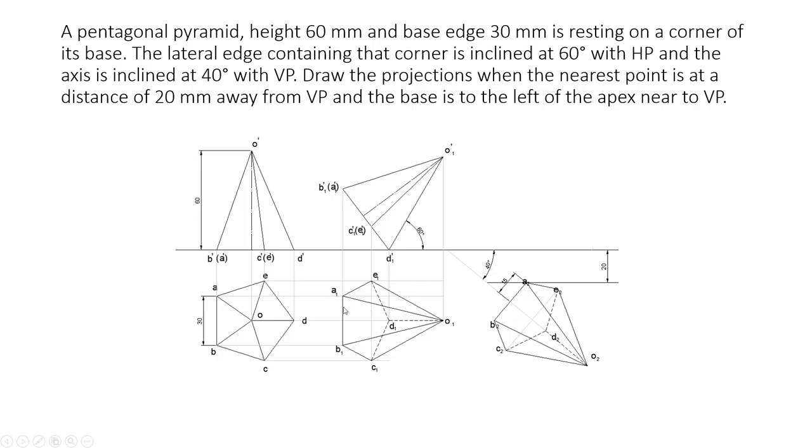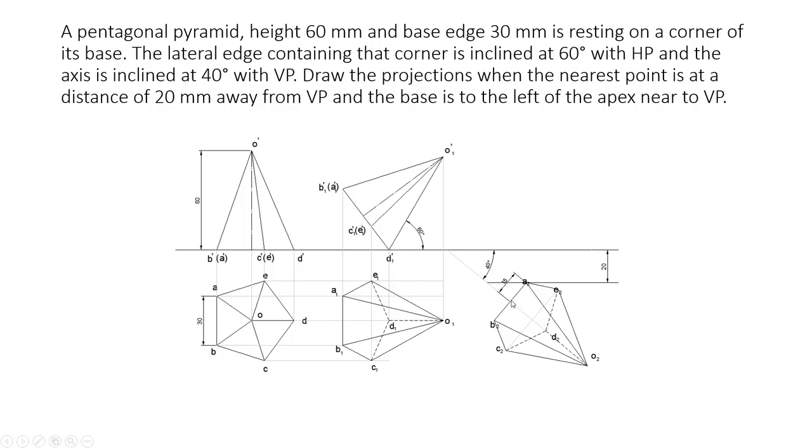Now obviously the point A will be the nearest point when you turn it more than 40 degrees. The distance from here to here is 30 mm, so half is 15 mm. So from here you mark 15 mm perpendicular to this 40 degree line to get this point. Once you get that point, you can draw this line.